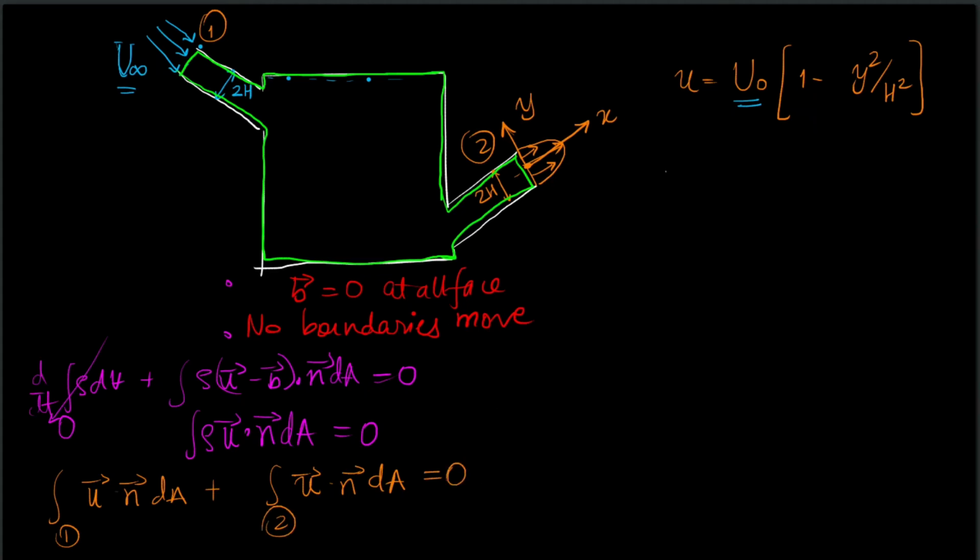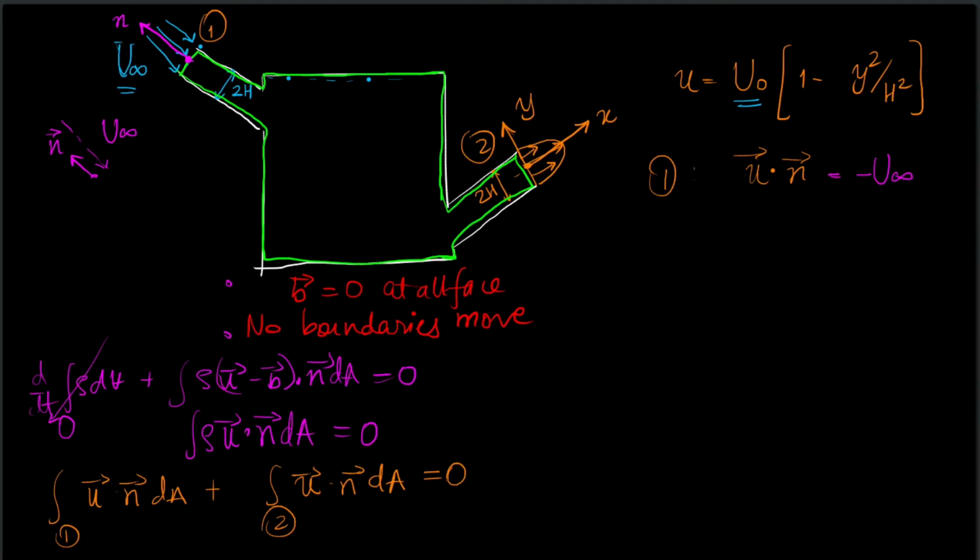So now at section 1, what is u dot n cap going to be? Given this control volume, the normal vector of area at this point will be this. Now u is coming in, so it's u infinity, but the normal vector is this. So it is 180 degrees opposite. So u dot n cap will be simply equal to minus u infinity.